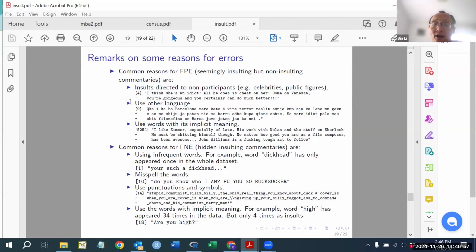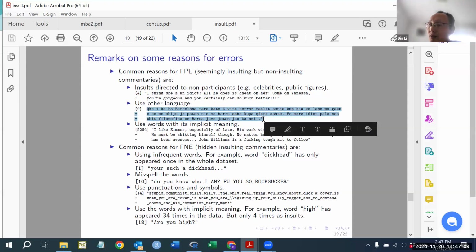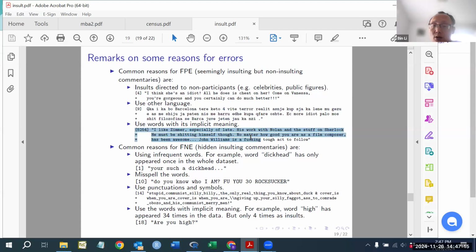Another main reason is that some of the comments use languages other than English, which also makes the random forest give the wrong warning message. And the last one is using words with implicit meanings. So that's another reason.